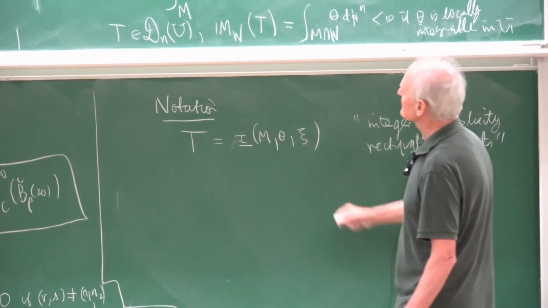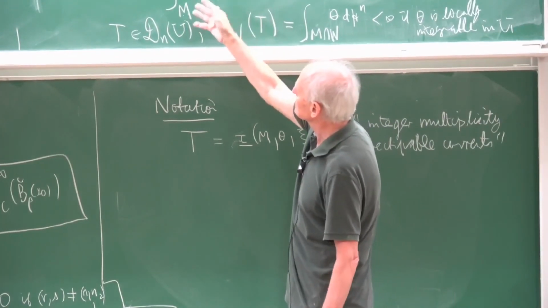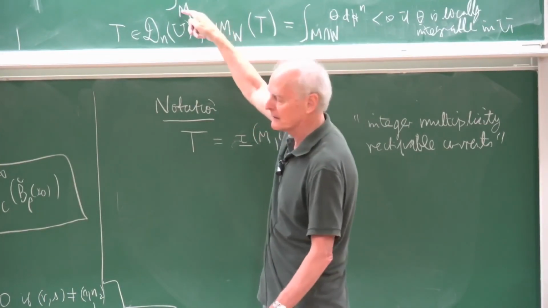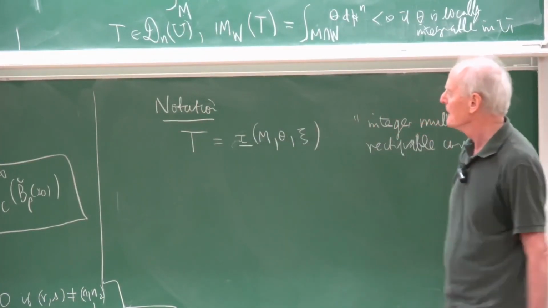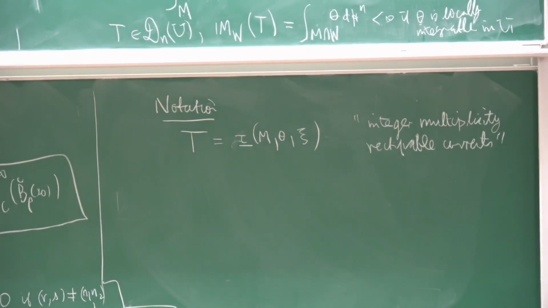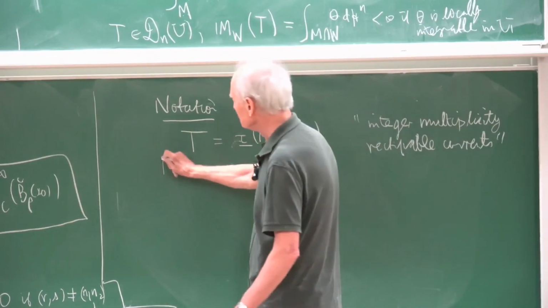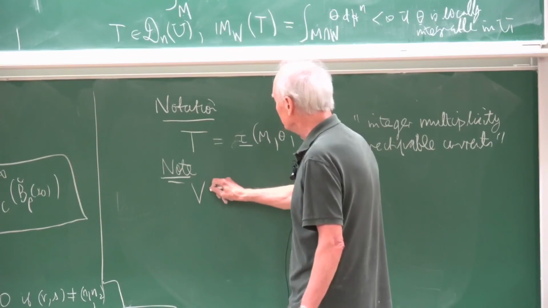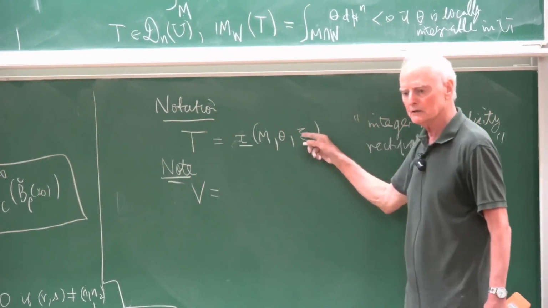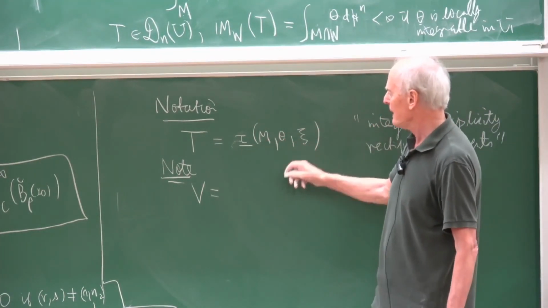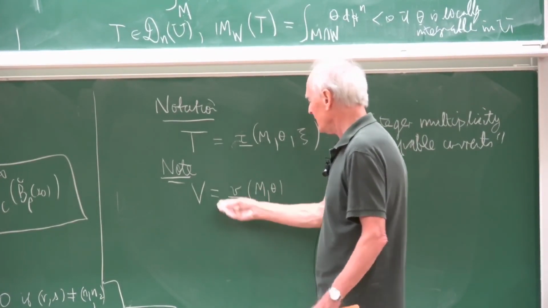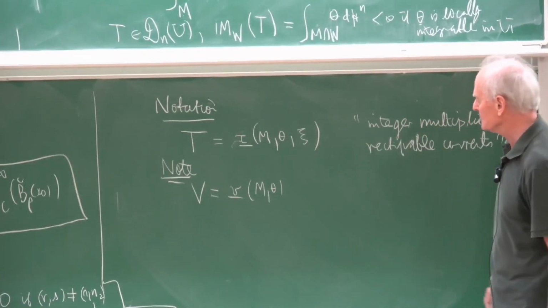Important class of currents, because this really is the natural generalization of the prototypical example, except instead of a smooth manifold, you've now got a rectifiable set. And notice it also ties in with our previous discussion of rectifiable varifolds, because if you simply drop the orientation, then you've got this pair (M, theta), which is exactly what an integer multiplicity varifold is.